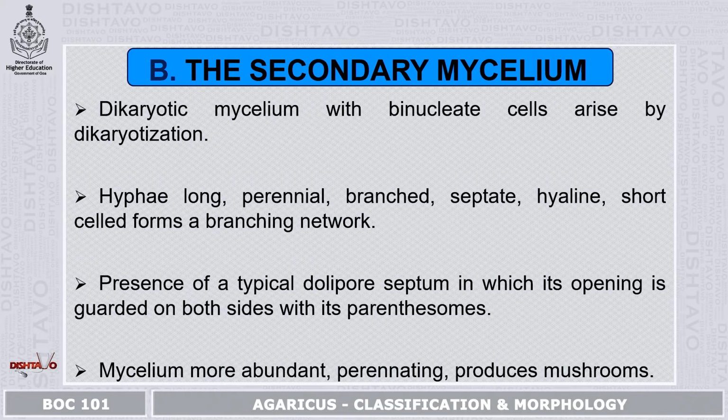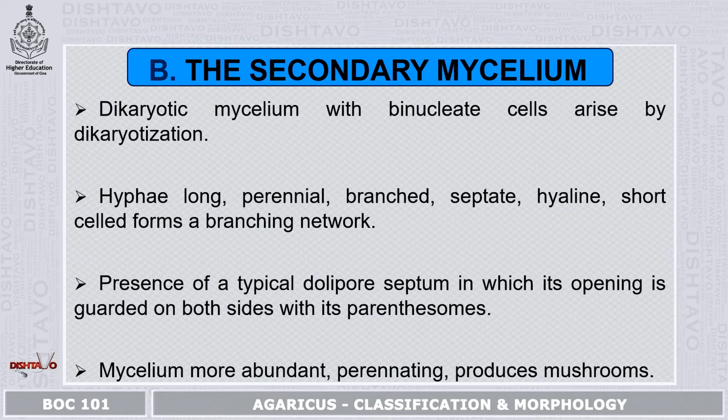There is no fusion of the nuclei, and this mycelium has hyphae which are long, perennial, branched, septate, hyaline, with short cells, and forms an extensive branching network.